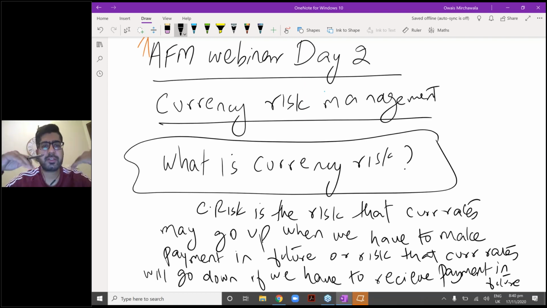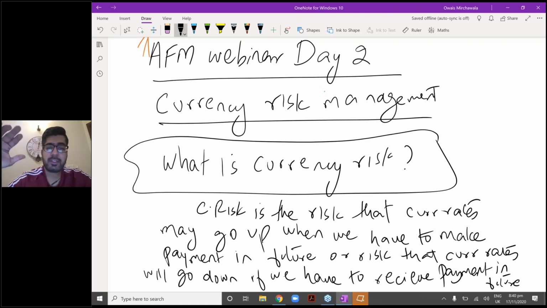Obviously, the currency rates keep on changing. Because of this movement, today I might see the dollar at one rate, tomorrow at another rate, and 1 month later at another rate.